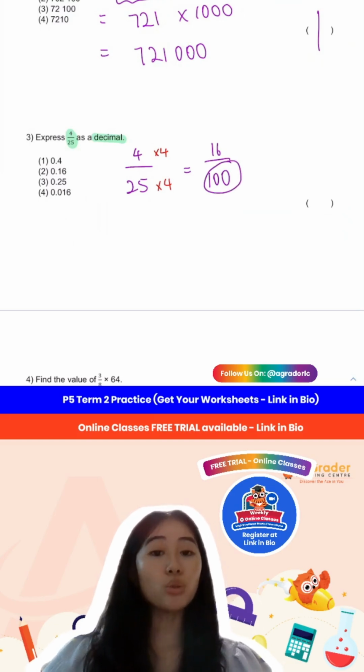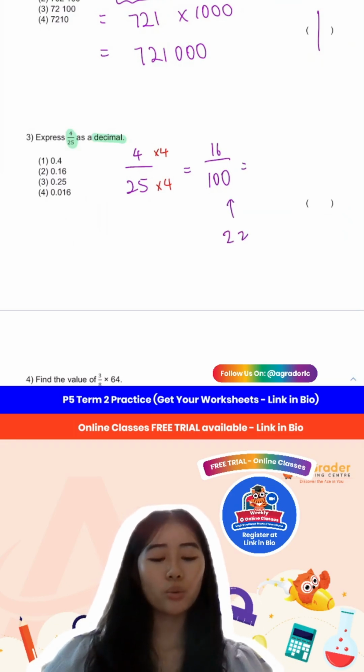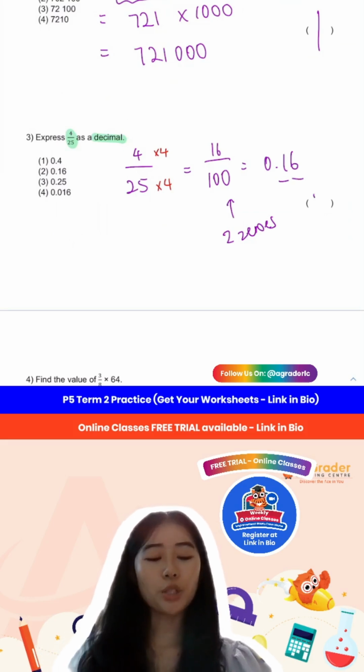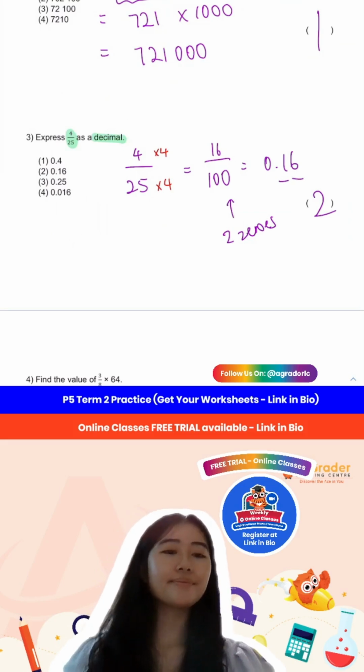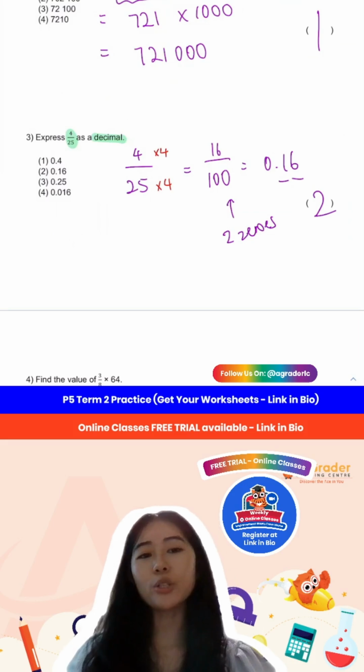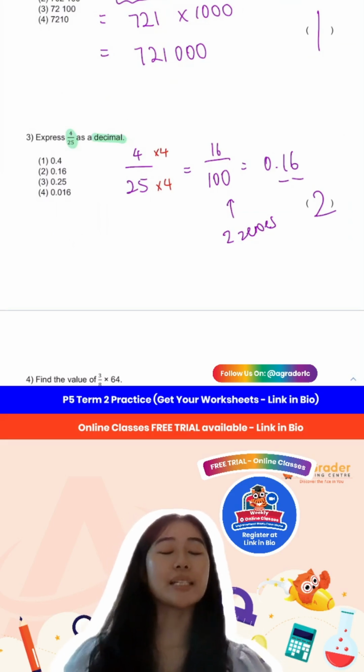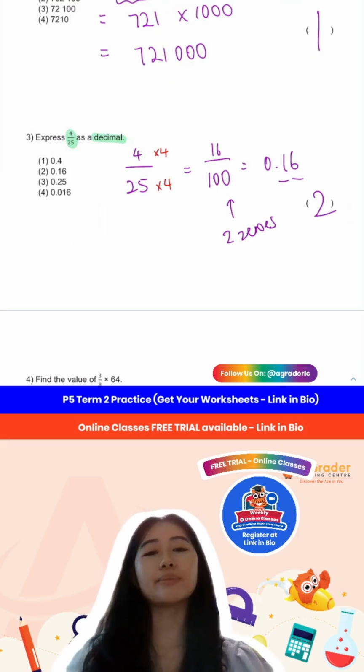You have 2 zeros, which means that your answer is going to be changed into 2 decimal places. So you have 0.16, 2 decimal places. This is option 2 as your answer. Most of you got it right, which is great. So the number of zeros will be the number of decimal places when you convert it into a decimal.